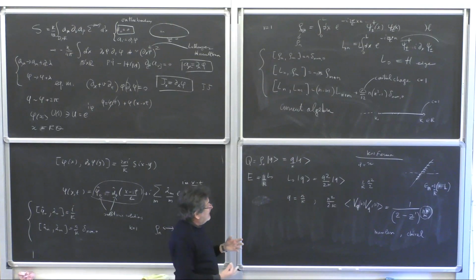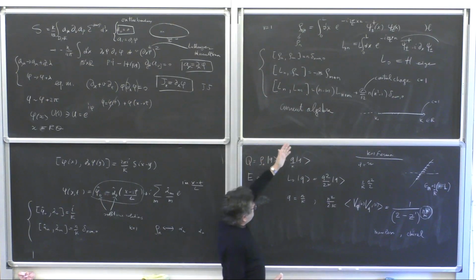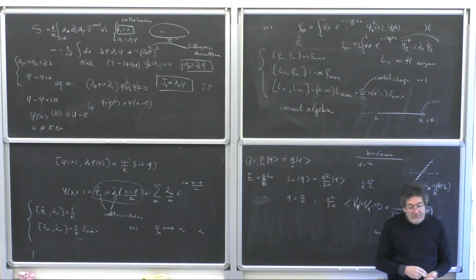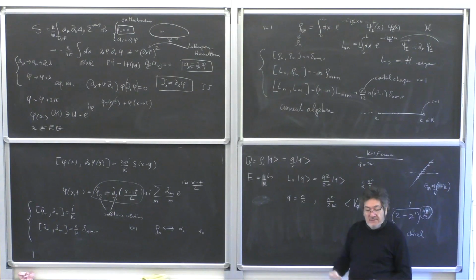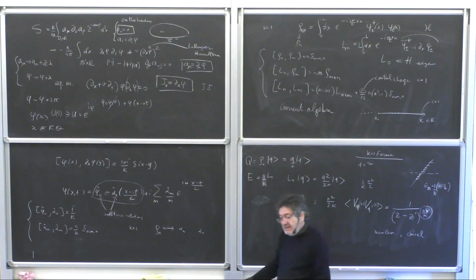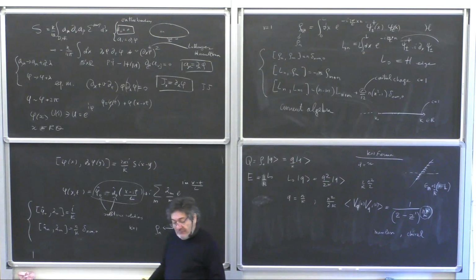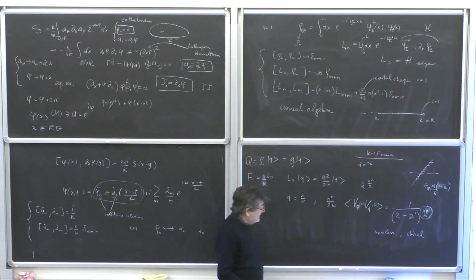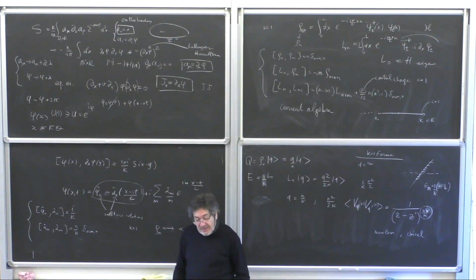There is this additional 1 over k factor that will produce a spectral flow of charge 1 over k, not 1, but 1 over k, which is the Hall current for the fractional Hall effect.